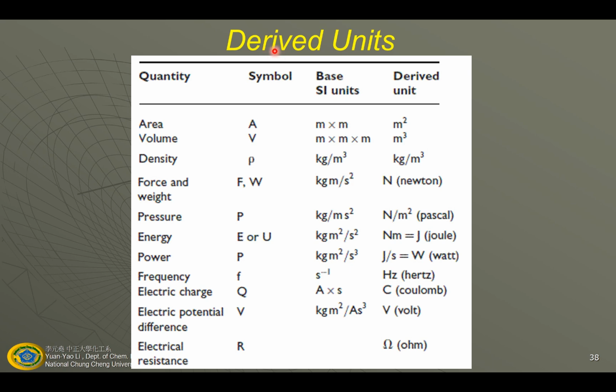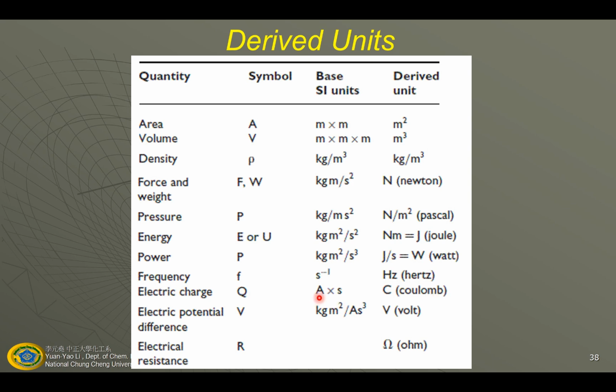So these are derived units: area, volume, density, force, pressure, energy, power. Energy, you know that. Then you know the power. Power is energy divided by time. Okay. Frequency and electrical charge. We just learned this. Electrical charge Q is equal to coulomb.